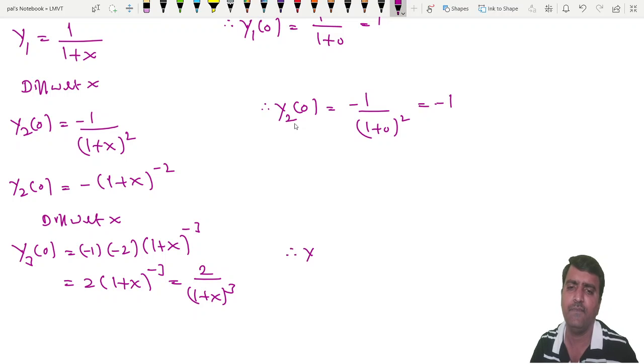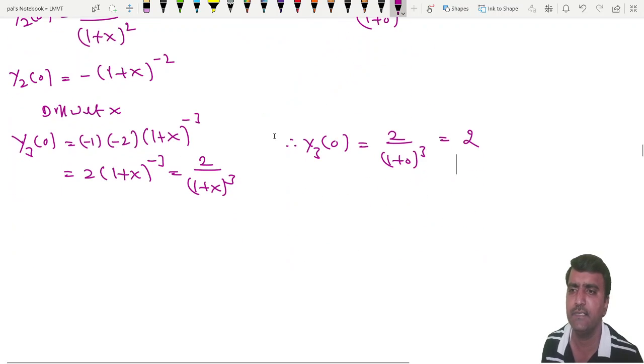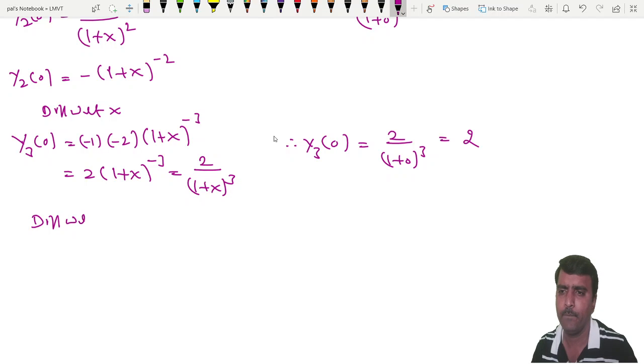So from that you find y3 of 0. y3 of 0 is equal to 2 by 1 plus 0 whole cube. So it is 2 only, because the denominator is 1. Again you differentiate this with respect to x. Differentiation of y3 is y4. y4 is equal to 2 into its differentiation.